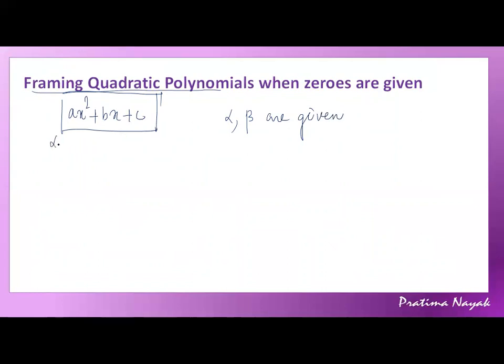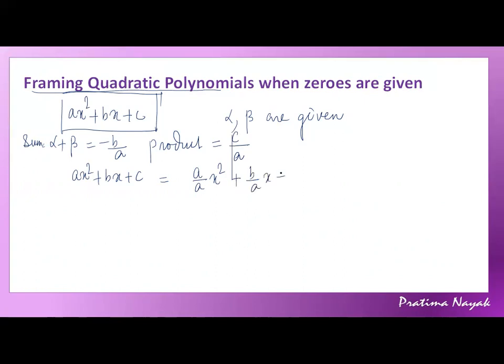So what concept will I use now? The sum of the zeros is equal to minus b by a, and the product of the zeros is equal to c by a. So I can write ax square plus bx plus c, dividing throughout by a, as a by a x square plus b by a x plus c by a.